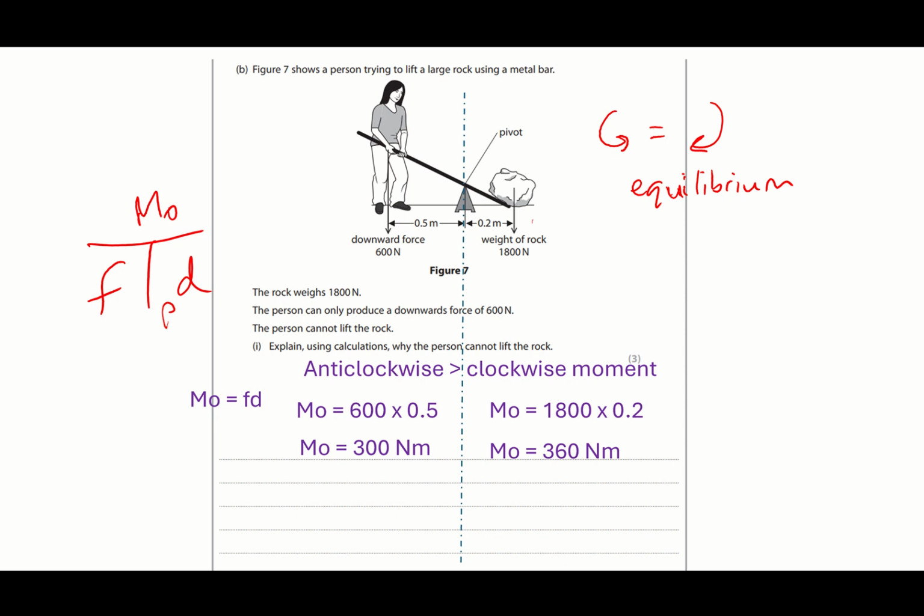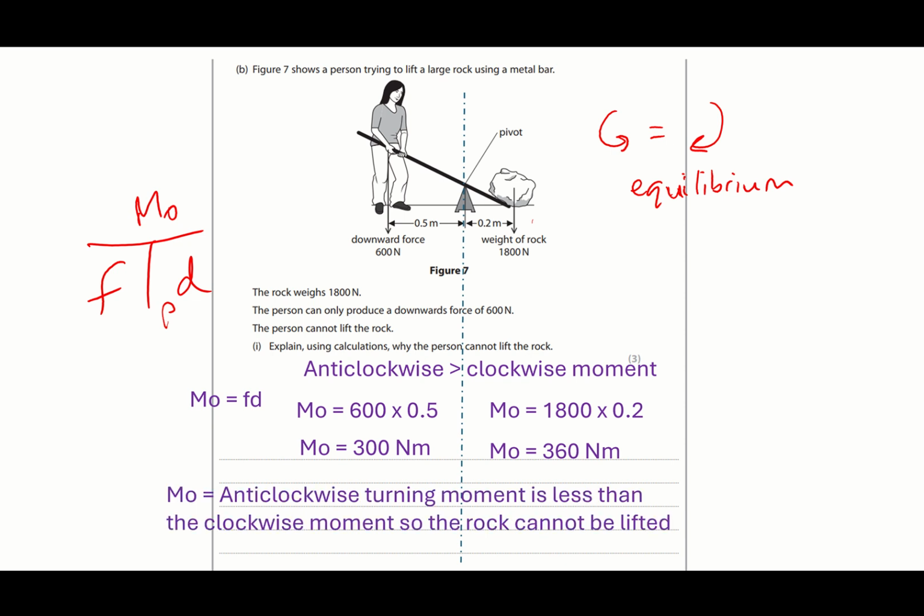The person is less than the rock, so they cannot lift the rock. Why? Because the anti-clockwise moment is less than the clockwise moment. Always label the clockwise and the anti-clockwise. It's a nice, easy question, but you've got to state: here is the anti-clockwise, there is the clockwise with that rock.